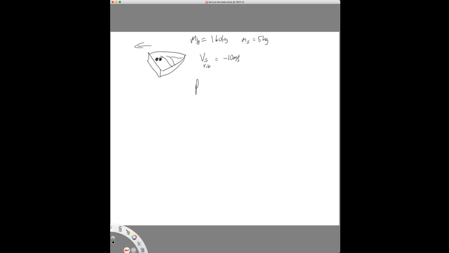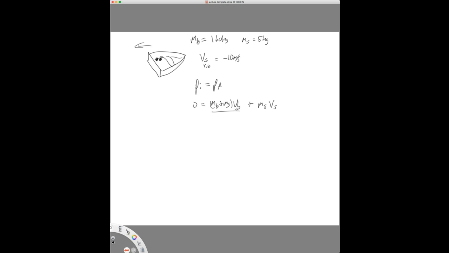And so what we did is we started with initial momentum equals final momentum. And that's going to be the mass of the boat times the speed of the boat plus, well, technically we want to be careful because there's 1 stone still sitting in the boat. And then there's the mass of the stone times the speed of the stone.